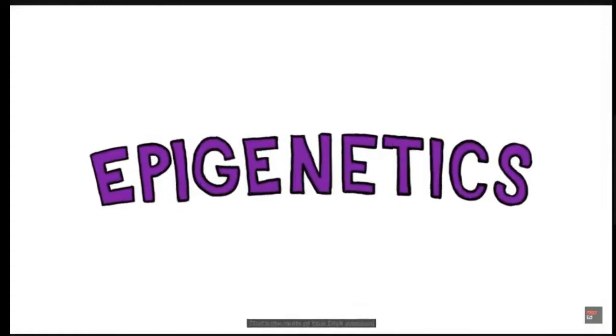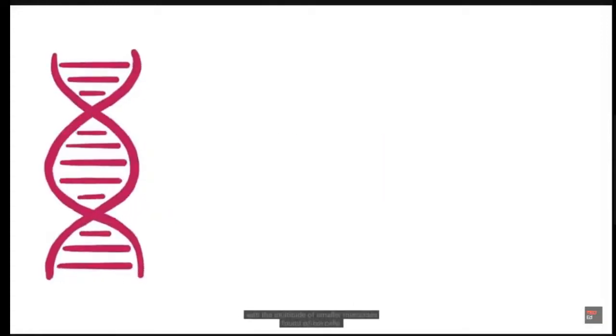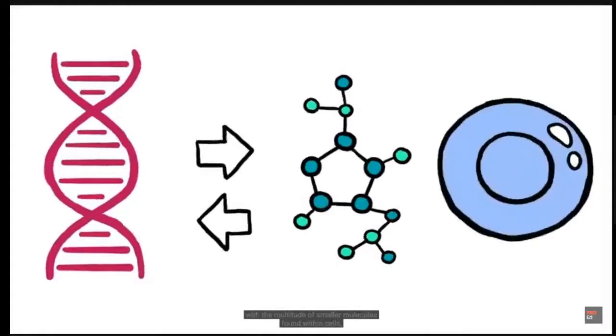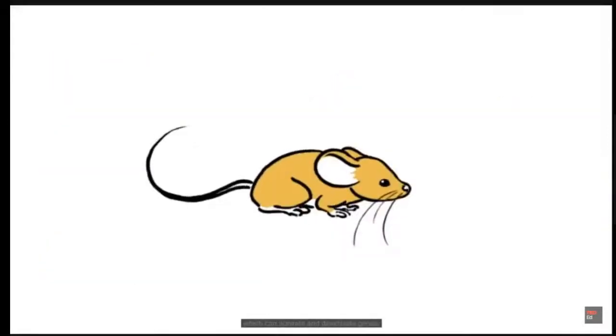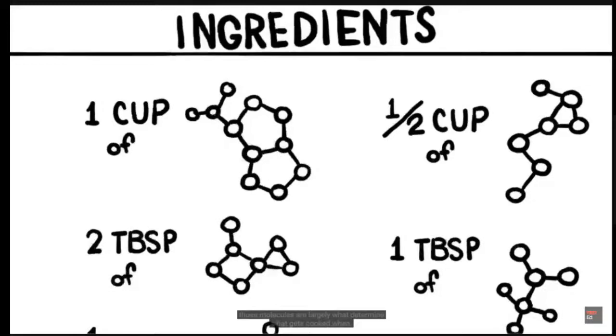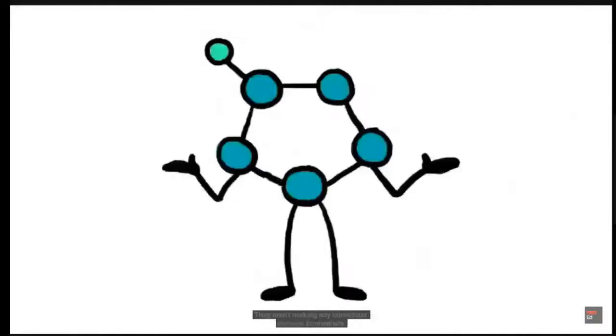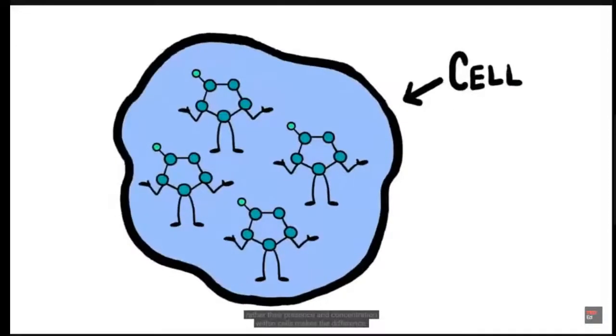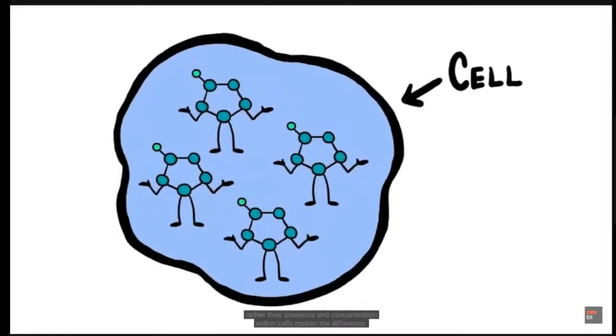That's the study of how DNA interacts with the multitude of smaller molecules found within cells, which can activate and deactivate genes. If you think of DNA as a recipe book, those molecules are largely what determine what gets cooked when. They aren't making any conscious choices themselves. Rather, their presence and concentration within cells makes the difference.